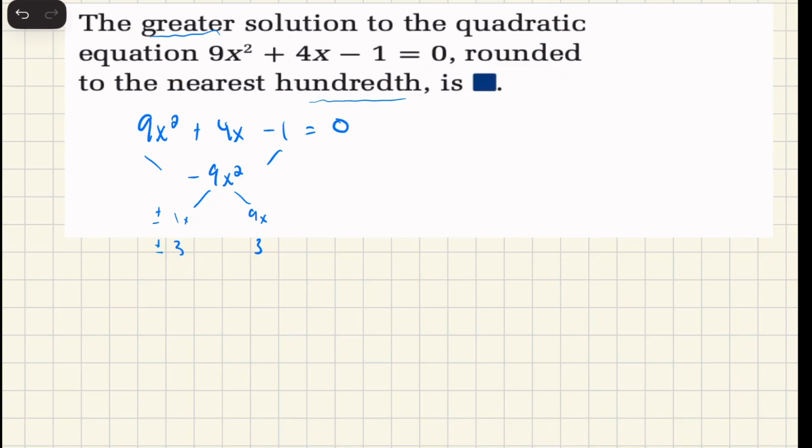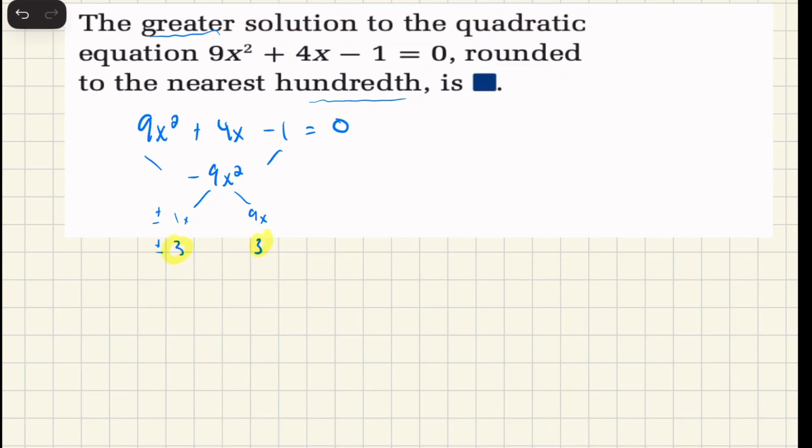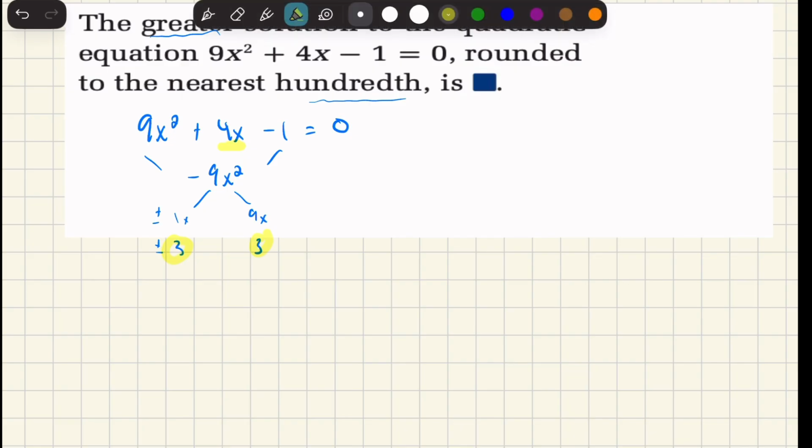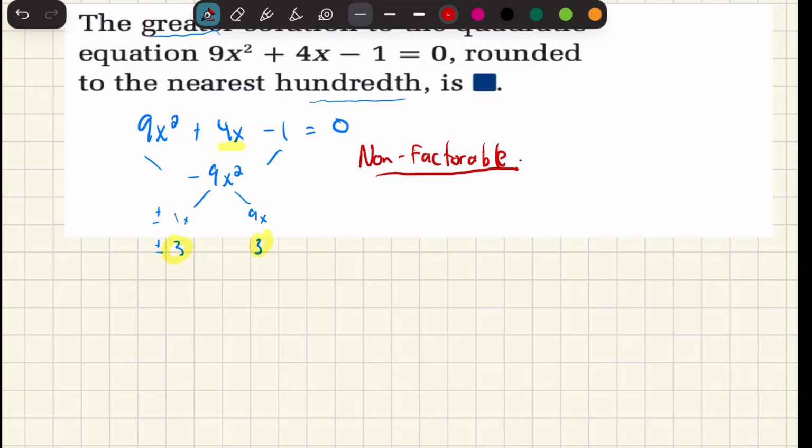However, none of these factors actually add up to the middle term. So this is non-factorable. Now, when it's non-factorable, we can use the quadratic formula to get the zeros or the x values, or you could say the solutions to this equation.